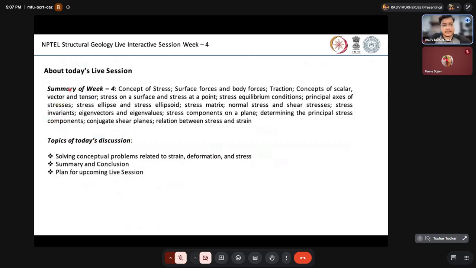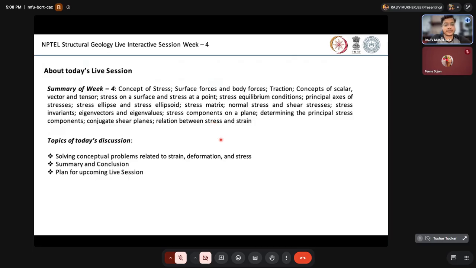This week we have already learned about the concept of stress, surface forces and body forces, the concept of traction, the concept of shear, which also includes the concept of scalar, vector, tensors, stress on a surface and stress at a point, stress equilibrium conditions, principal axes of stresses, stress ellipse and stress ellipsoid, stress matrix, normal stress and shear stresses, stress invariants, and then the very important concept of eigenvectors and eigenvalues, and stress components on a plane, determining the principal stress components and their relation to the conjugate shear planes, and finally establishing the relation between the active stress and the consequence of stress, as in the deformation or the strain.